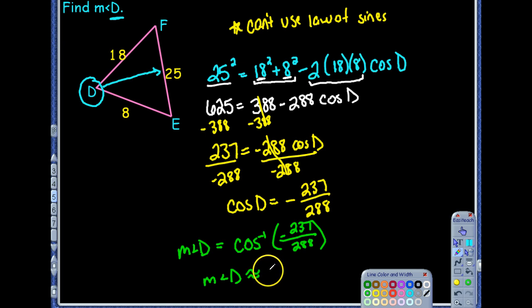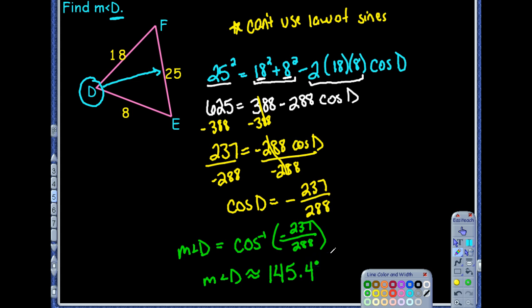Push enter. Well, hold on a second. I put it in wrong. I put minus instead of negative. I apologize for that. So divided by 288, and that gets you, it's an obtuse angle, 145.4 degrees.